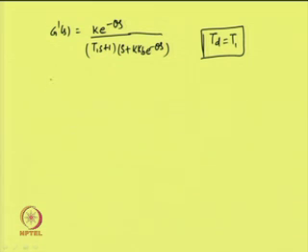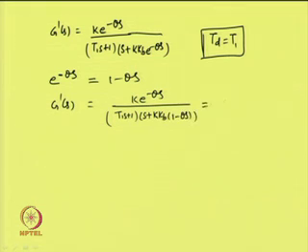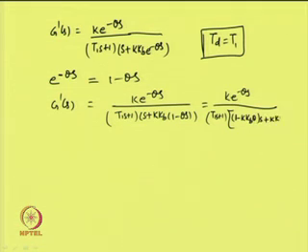Now, with the assumption of e to the power minus theta s is equal to 1 minus theta s, G dash s further can be written as k e to the power minus theta s times T 1 s plus 1, s plus k k b times 1 minus theta s, which further can be simplified and written in the form of k e to the power minus theta s upon T 1 s plus 1 times (1 minus k k b theta s plus k k b).